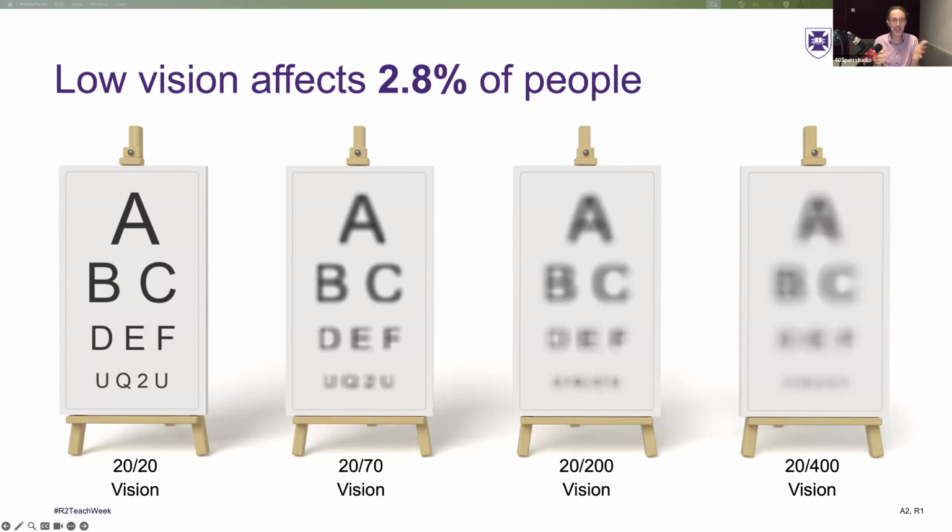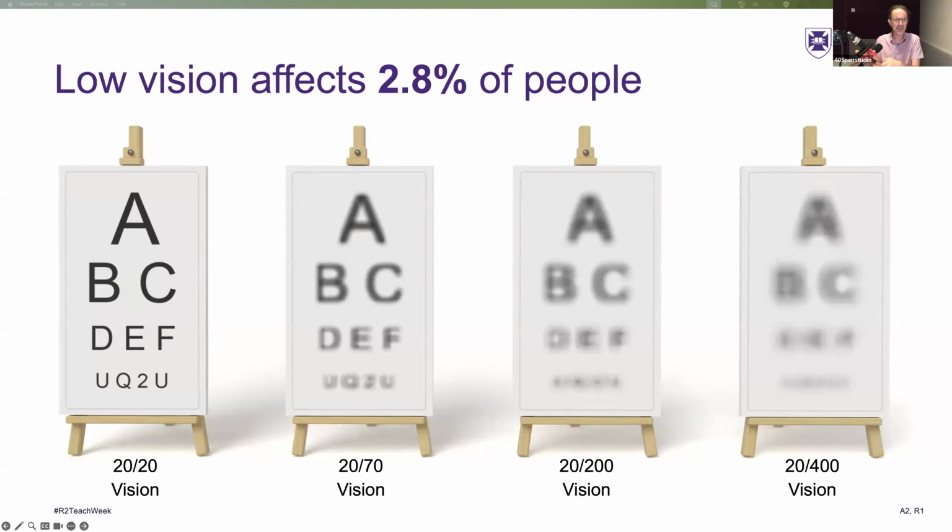So the first number in 20/20 is the distance in feet you stand away from this chart. And the second number indicates the distance in feet at which a person with normal vision can see the same line of text clearly. So if someone is considered to have 20/70 vision, it essentially means that they must stand 20 feet away to see letters that someone can see at 70 feet, which is quite interesting.